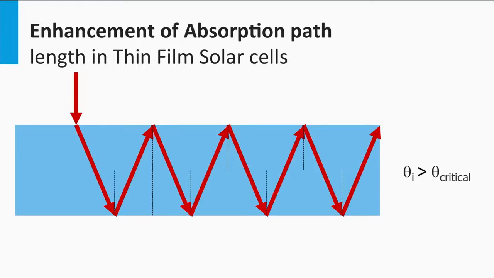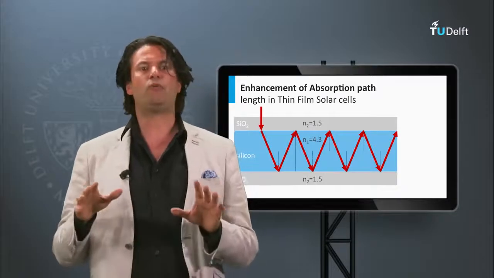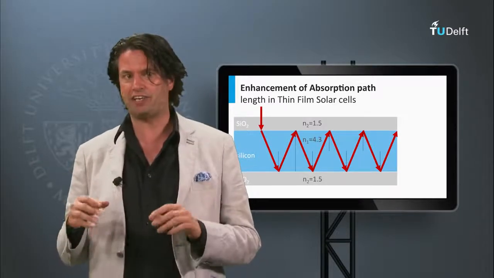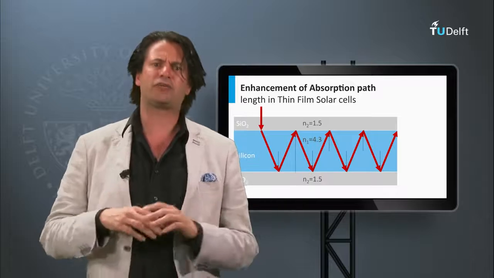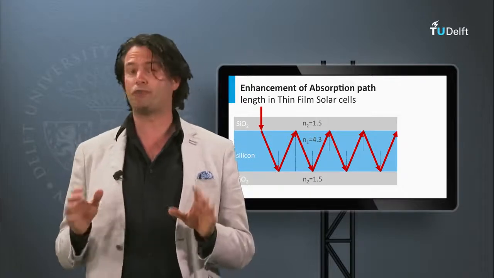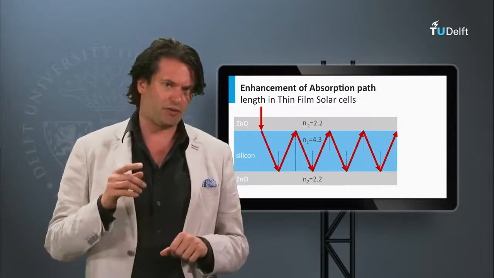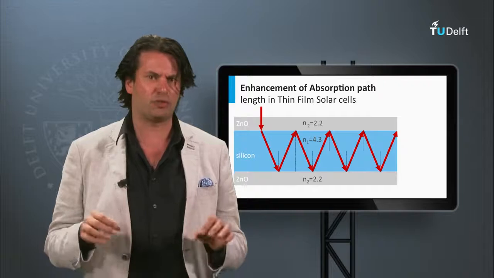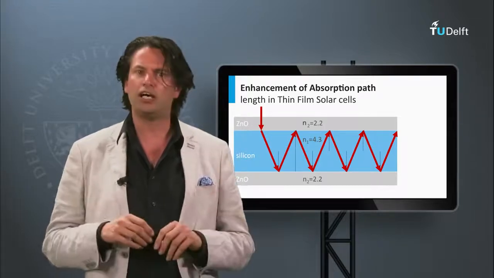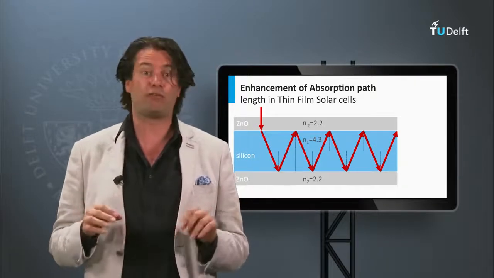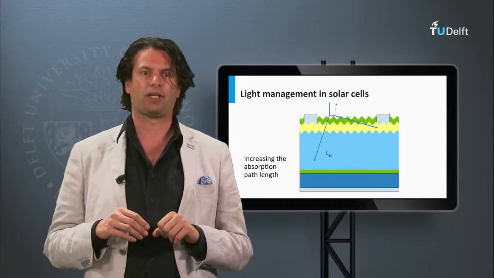If we consider silicon and air, this critical angle is rather small, 13.4 degrees. However, absorber layers are usually confined between supporting layers. If we would consider glass with a refractive index of 1.5, the critical angle becomes 20.4 degrees. If we consider zinc oxide, a typical transparent conductive oxide, we find a critical angle of 30.3 degrees.